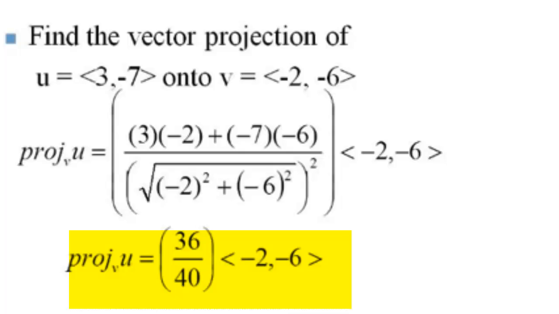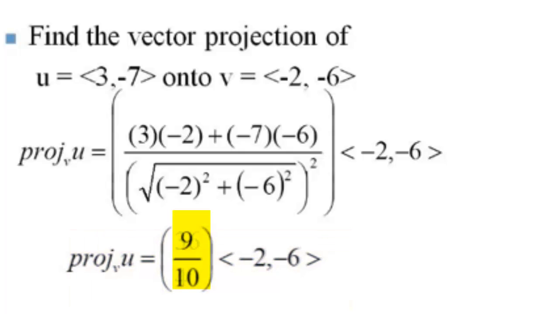Calculating that, we get 36 over 40 times the vector -2, -6. Reducing our fraction, we get 9/10 times the vector -2, -6. 9/10 is our scalar times our vector -2, -6. So we multiply 9/10 times each component.